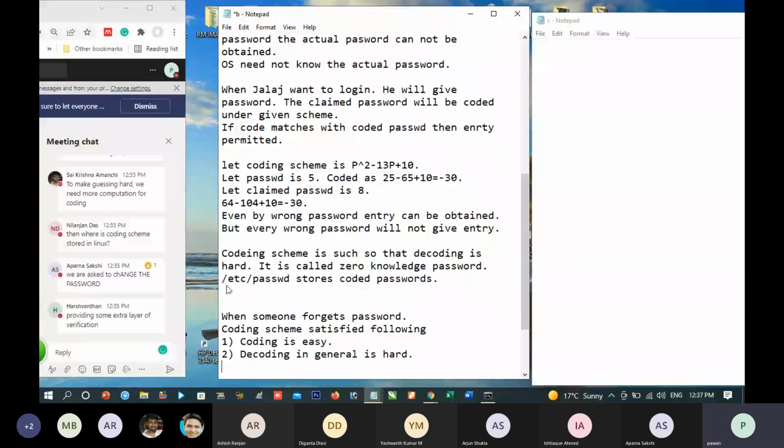Decoding is easy for the designer of the coding scheme.